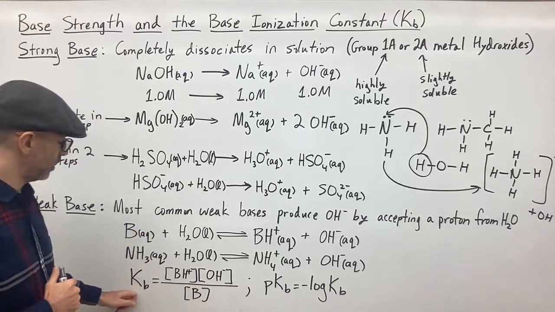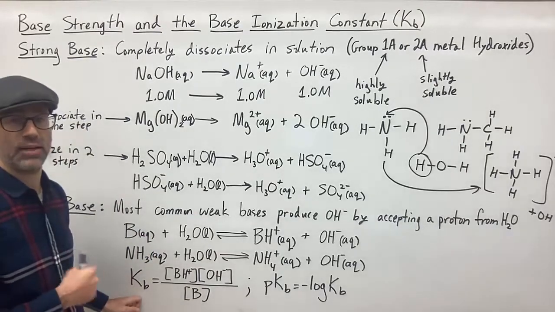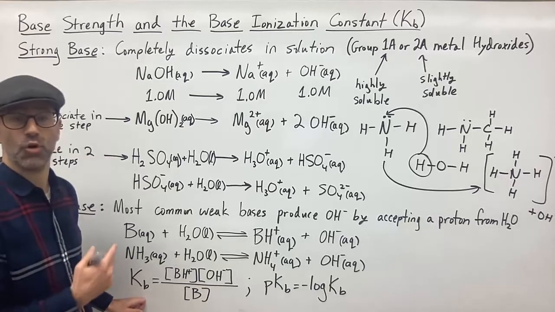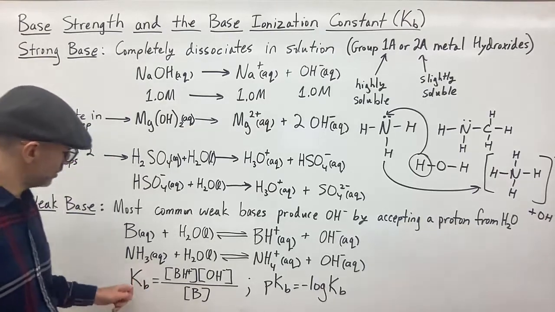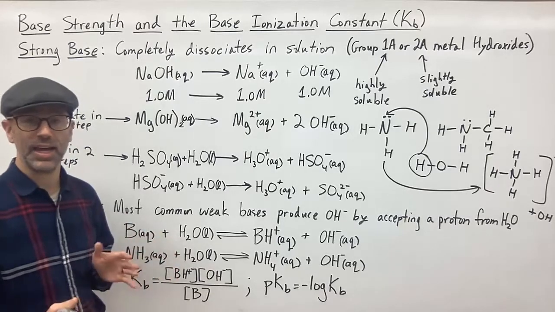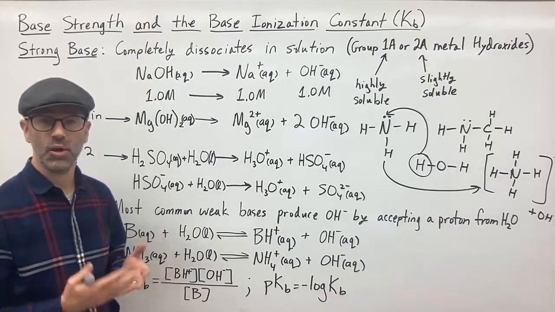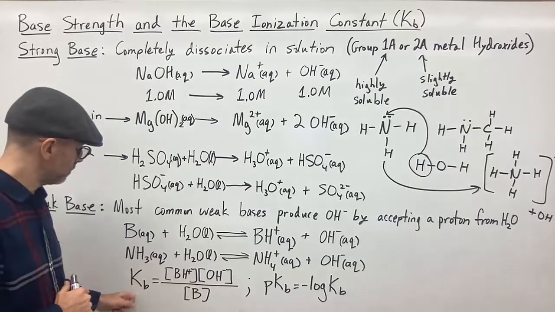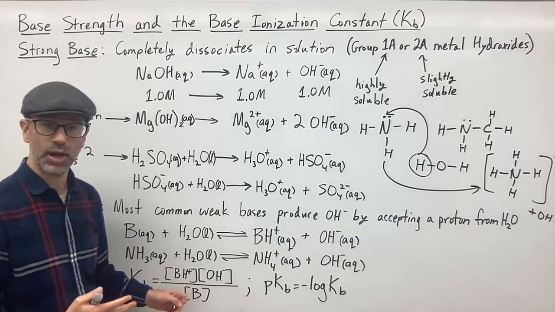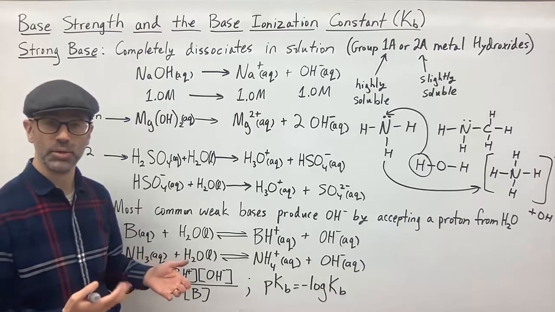So Kb is the base ionization constant. And this is going to measure the strength of your base. And so just like any equilibrium constant, just like Ka, Kw, those sorts of constants, this equilibrium constant is set up exactly the same way as we would set up any equilibrium constant.